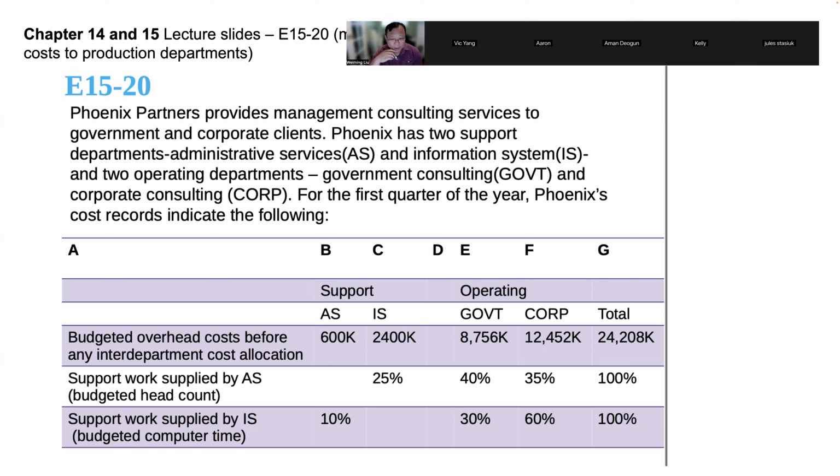So in this example, you have two supporting departments. One is the main, the other one is information system. So in short, we call it AS and the IS, right? And then you have two operating departments. One is the government consulting, the other one is corporate consulting, right?